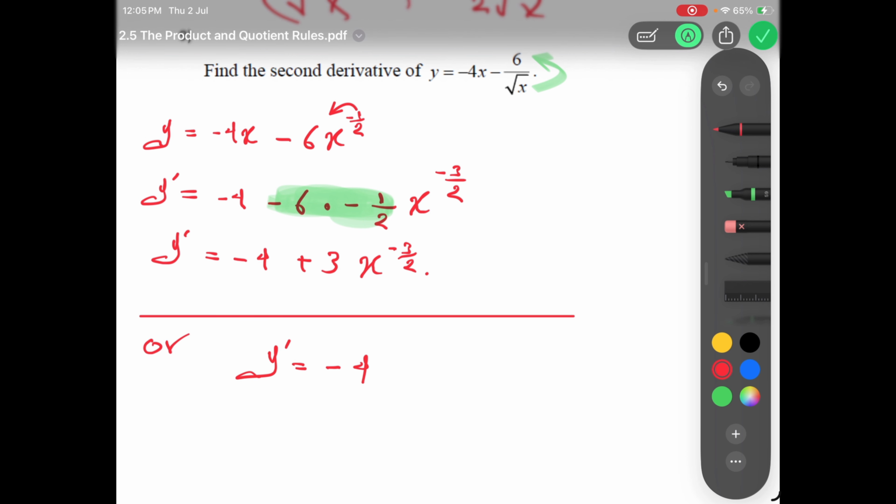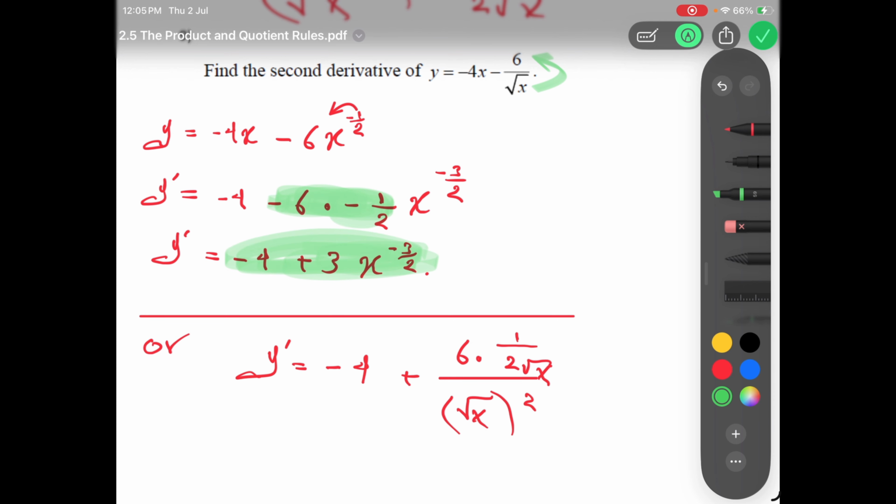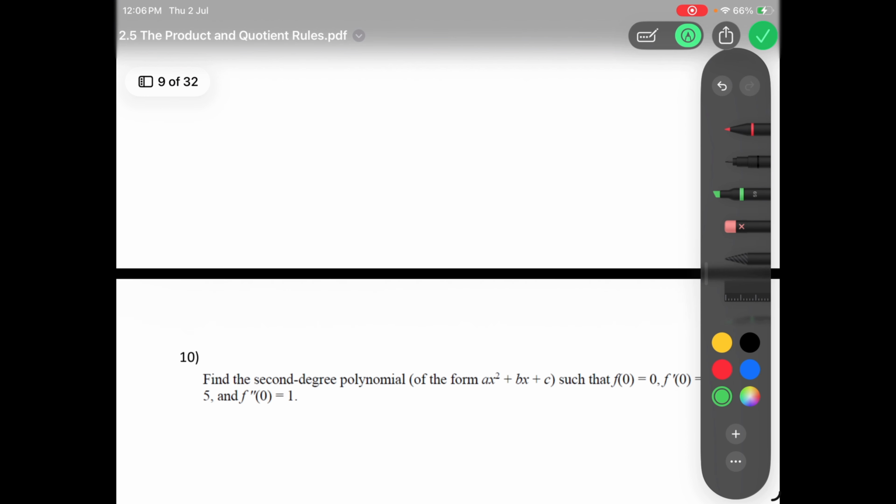Then we have minus a number over function, so it will be plus because we change the sign. Then 6 times 1 over 2 radical x, which is the derivative of the bottom, divided by the bottom squared. So two solutions, exactly the same. If we simplify this, we can have this easily. You have this solution or this solution, you can go to either one of them.